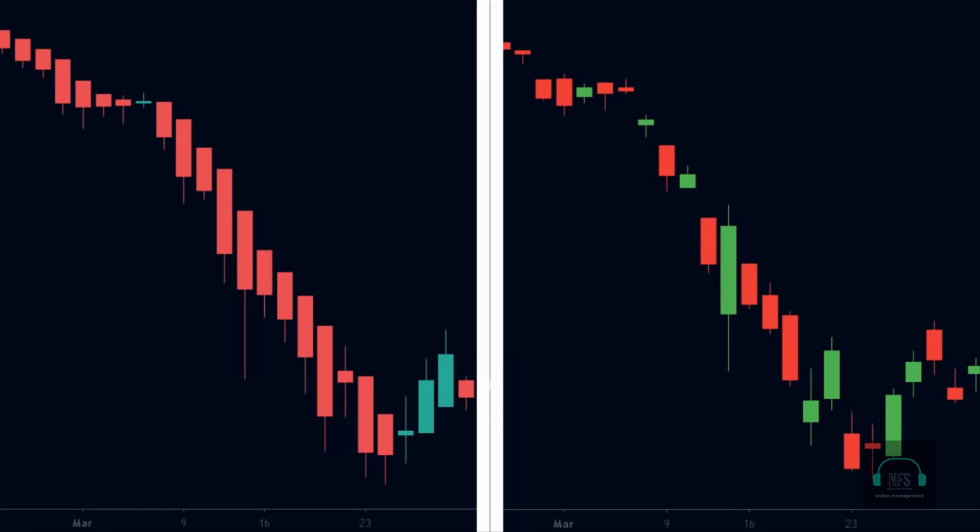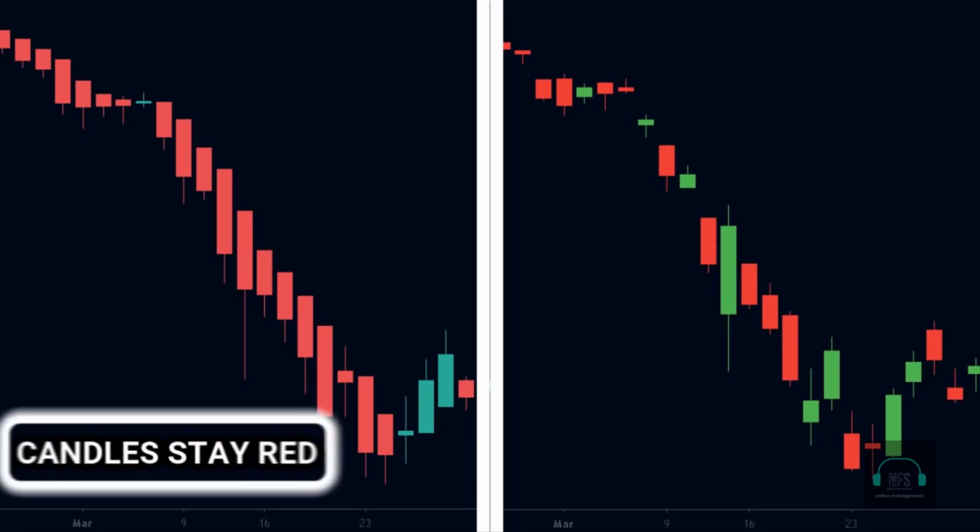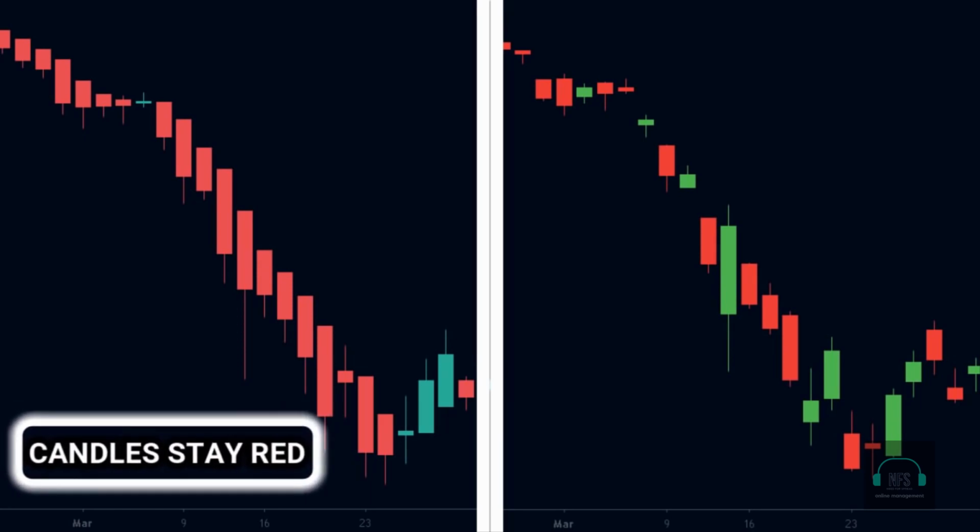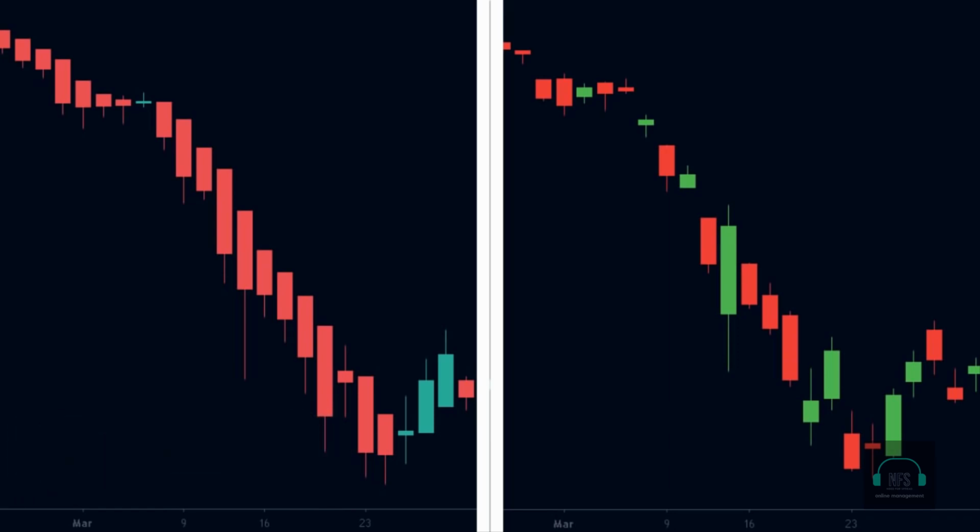These green candles tend to confuse us. On the other hand, if we look at the Heikin Ashi chart, we can see that the candles stay red for the whole downtrend. This shows a continuity of the trend. The trend can be clearly spotted, and the chart is a lot cleaner.